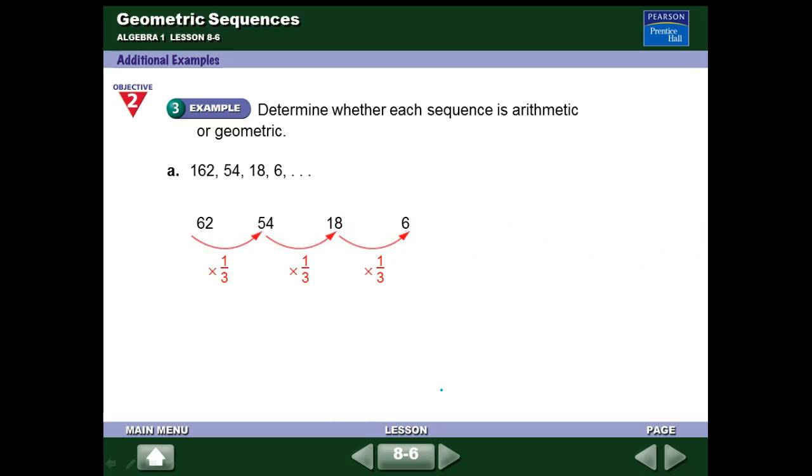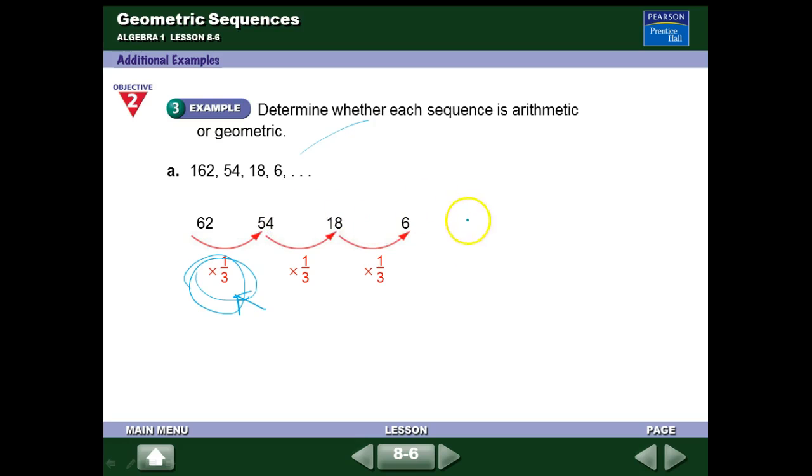So let's take a look. Between 162, 54, 18, and 6, what's happening? Well, they're multiplying by 1/3. You might be asking, well, how do I get this number? How do I know this is the common ratio? And this is where your math skills have to come in. You know you're getting smaller, so we have to be multiplying by a fraction or subtracting.